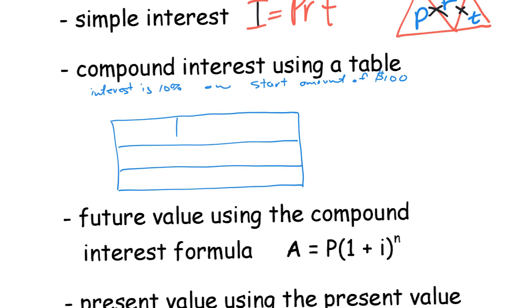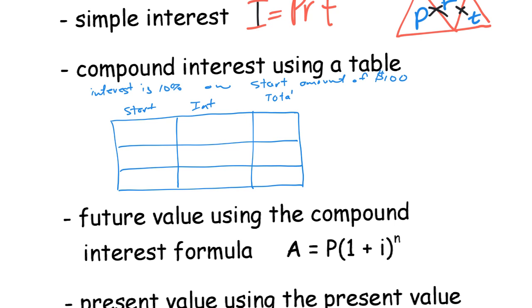In order to calculate that, you've got to have 3 columns. One that starts with the starting amount for the year. Then you have the interest. And then you have the total at the end of the year.